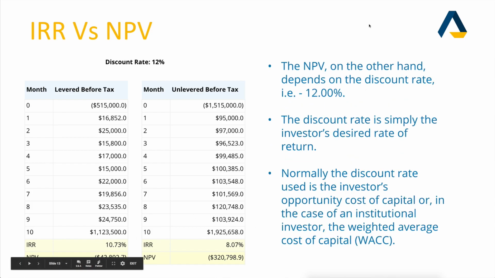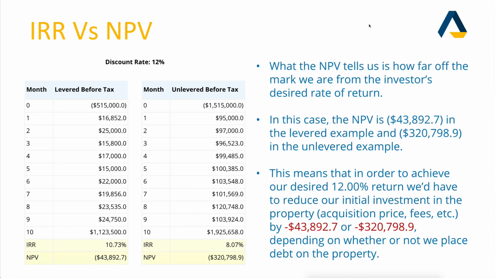Now, internal rate of return versus net present value: what the net present value actually tells us is how far off the mark we are from the investor's desired rate of return. In this case, the NPV is negative 43,000 something in the levered example, and 320,000 something in the unlevered example.